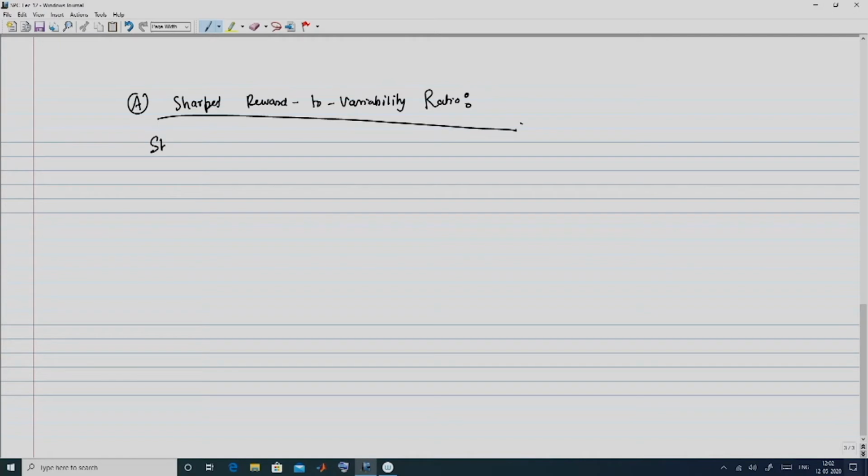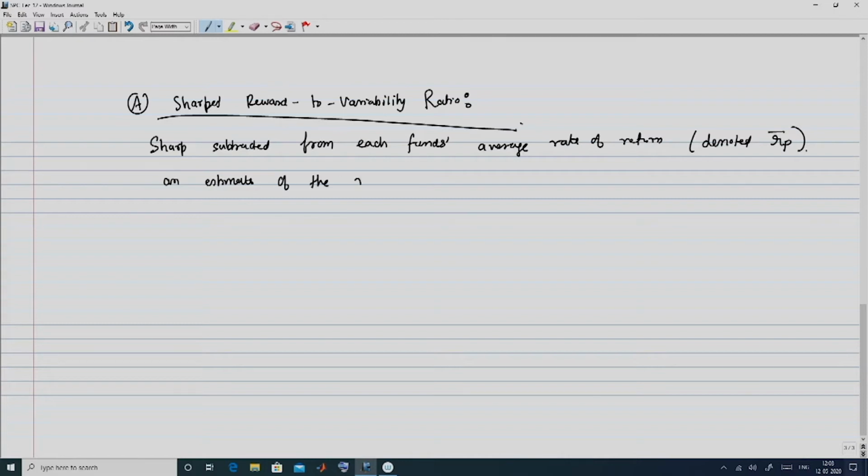Okay, so the motivation for this is that Sharpe subtracted from each fund's average or expected rate of return, denoted by ERP, or in this case we will just write RP bar, the expected return on the portfolio, an estimate of the risk free interest rate, which you have already defined as RF.